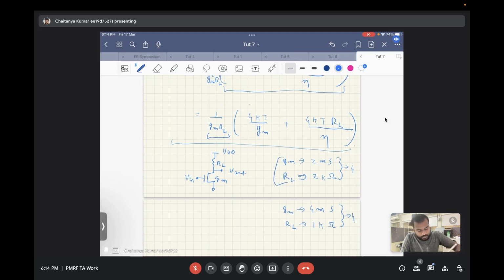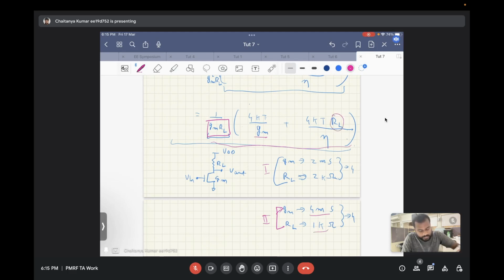But this factor in both the cases will be constant. However, this is case 1 and this is case 2. Since Gm is higher in case 2, the overall noise that you get from the circuit will be smaller when you choose a higher value of Gm and a smaller value of the load resistance RL.